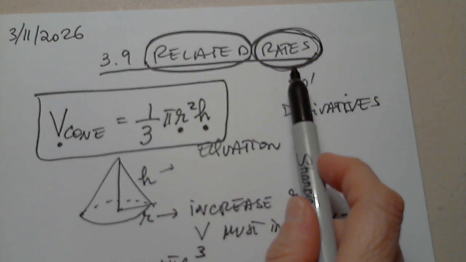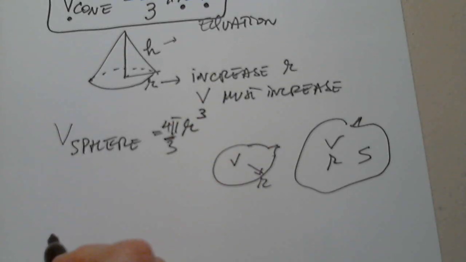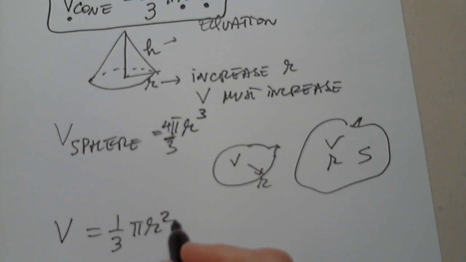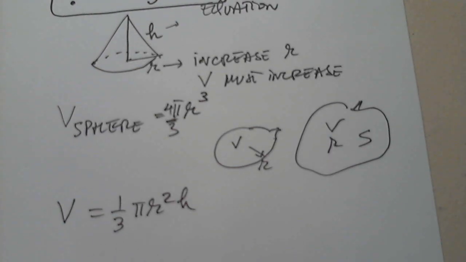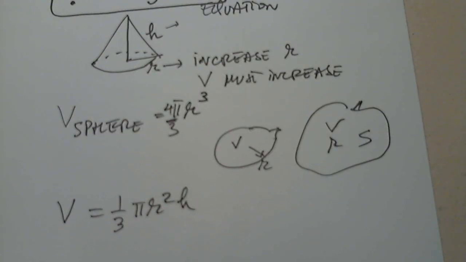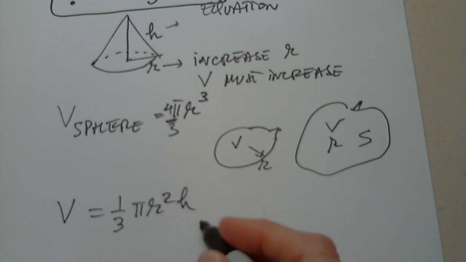So I'm going to start with the volume of a cone, 1/3 pi r squared h. Let's say we pump air into, maybe we have a balloon that is in the form of a cone, and we pump air in it. So the volume changes, the radius changes, the height changes.